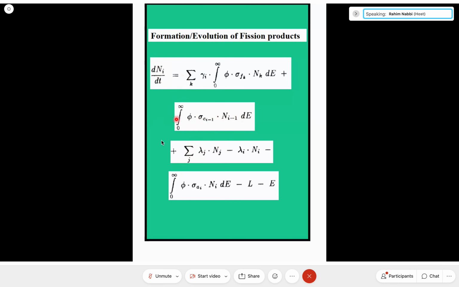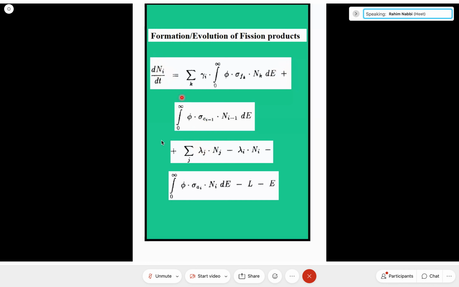For this reason, this is then a cluster. Again, this production was because of the decay of that one, and this production term because of the absorption of another nuclide going to this isotope.